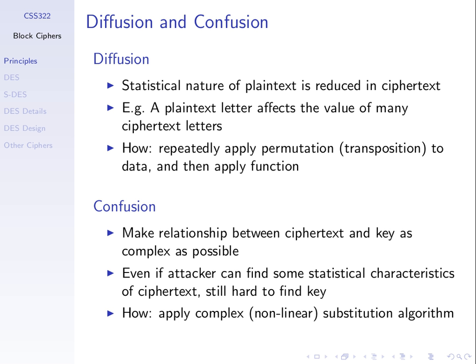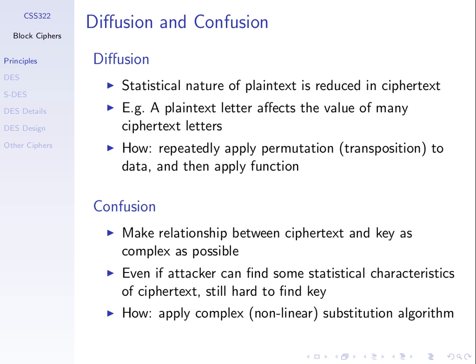What would be good is if I change just one input plaintext letter, I affect all output ciphertext letters. That's diffusion. The statistics have been spread out across the ciphertext.